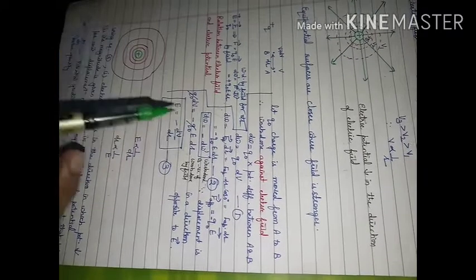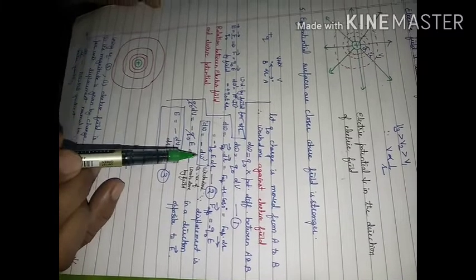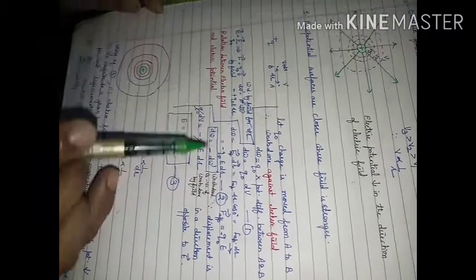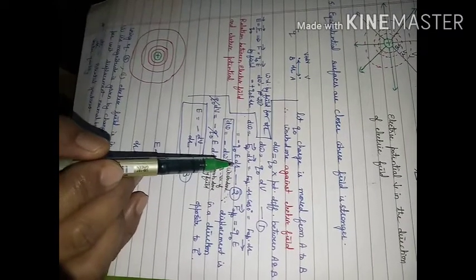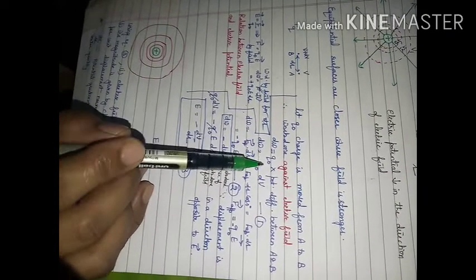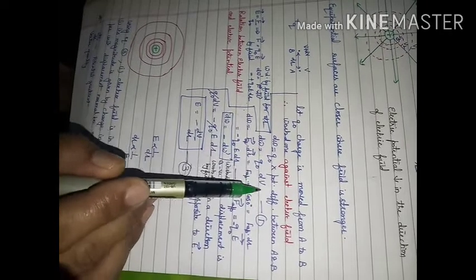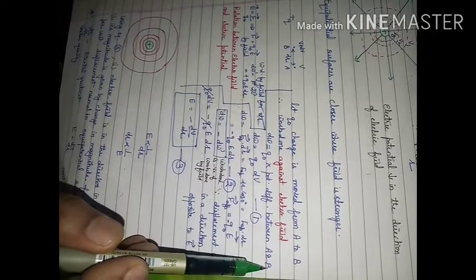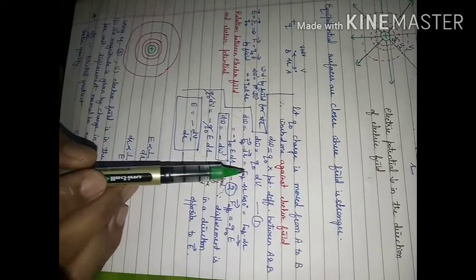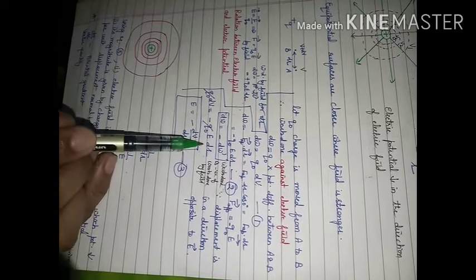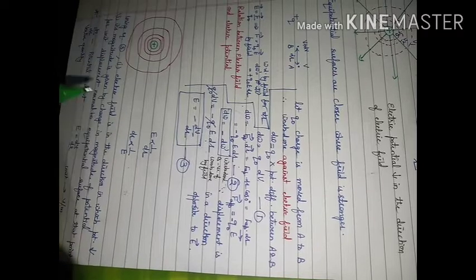So the work done by us, dW, will be equal to the opposite of dW dash, which is minus Q naught E dr. Also, as potential is equal to work done divided by charge, work done will be equal to charge into the potential difference between the two points A and B. So this is also an expression for work done. Equate both, and from this equation we get E is equal to minus dV by dr.